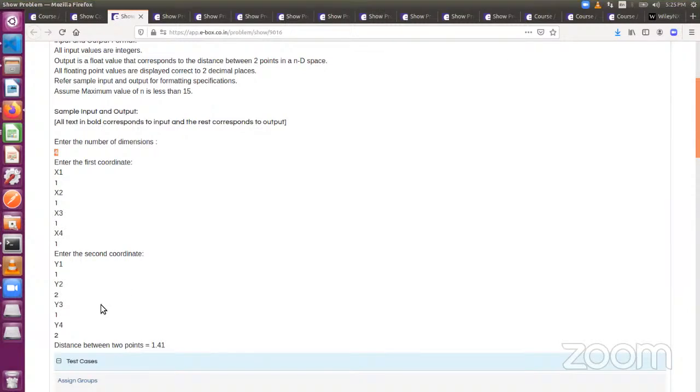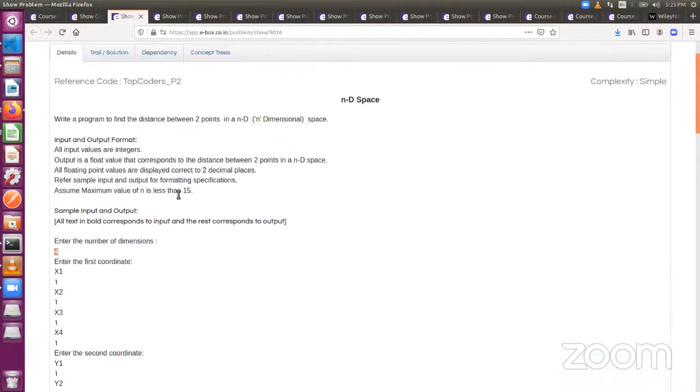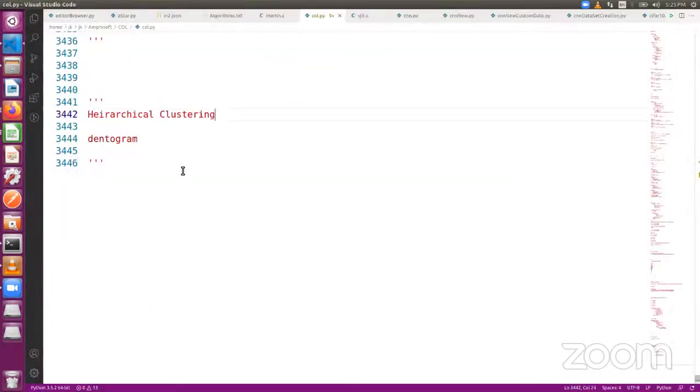So this is the equivalent distance for n-dimensional space. Anyway, you're going to take the square, so even if it is negative, it will become positive.